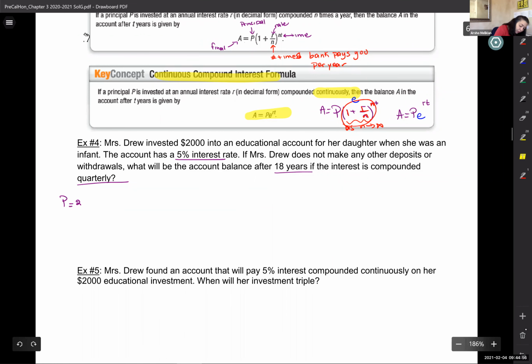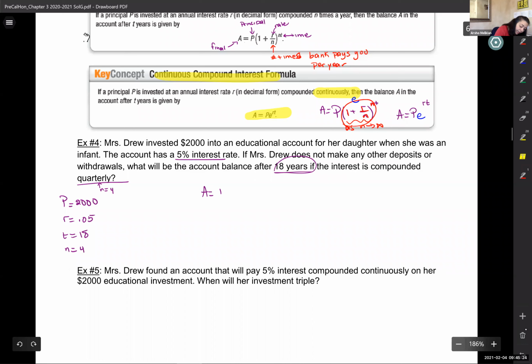She invests $2,000. That's the principal. The rate is 5%, which in decimal is 0.05. We want to see how much she's making in 18 years. That's the T. And if interest is paid quarterly, that means 4 times a year, so N is 4.